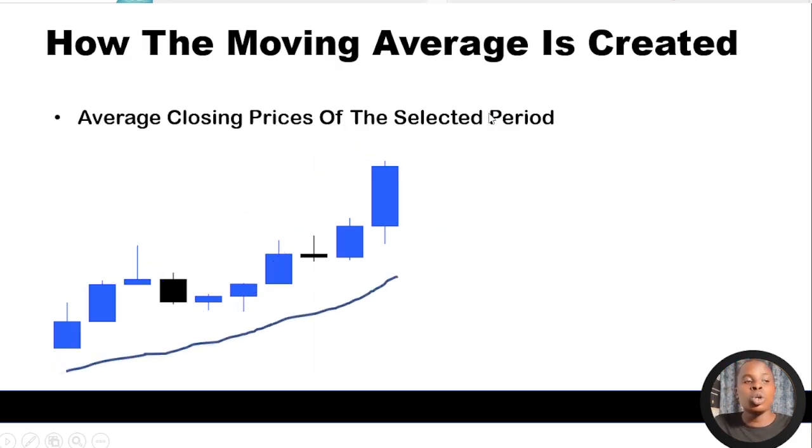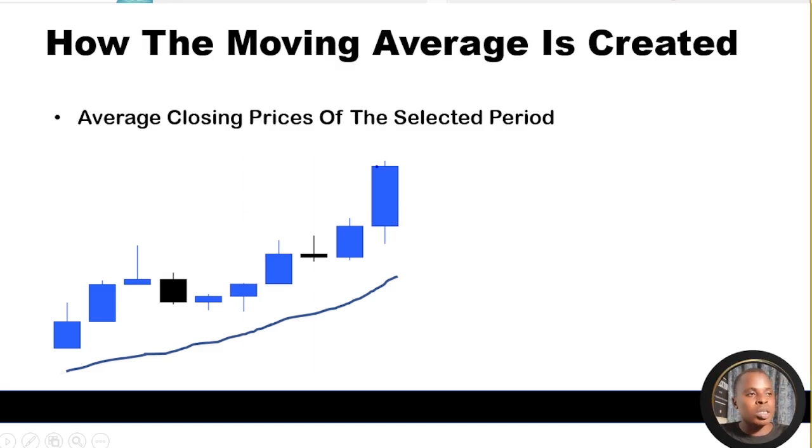But if you want to use the moving averages, we can just calculate the moving averages of these candles, and we can come up with a line that shows us that on average these 5 previous candles have been going up based on their closing prices. The way it is calculated is simple. Just take the closing prices of the last 5 candles, add them, and divide by 5, because it's the 5-period moving average.